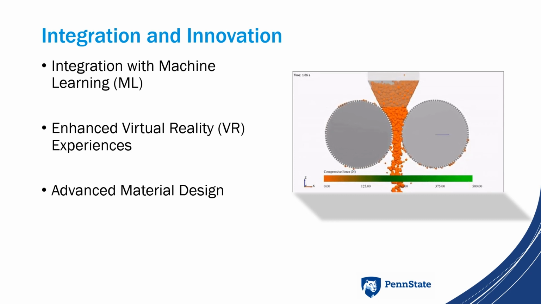And the advancement of material design. The future of DEM includes the pioneering design of new materials at the molecular or even atomic level. By simulating interactions at these fundamental levels, researchers can design materials with specific properties tailored to unique applications, such as ultralight composites for aerospace or highly efficient catalysts for energy conversion.